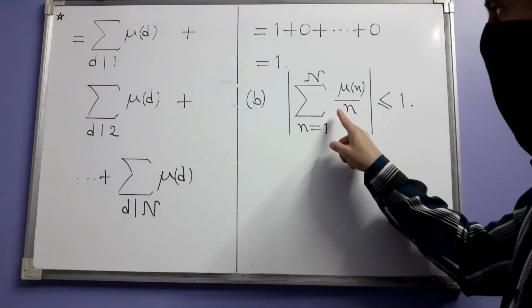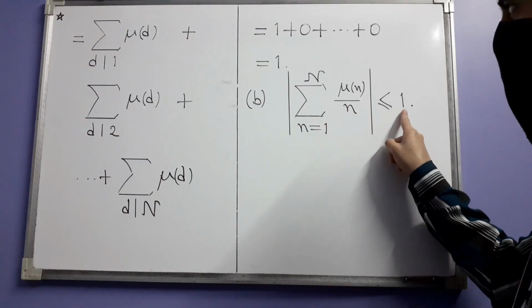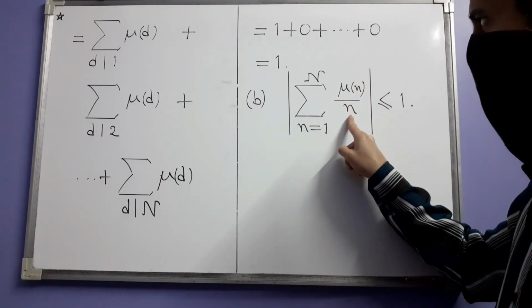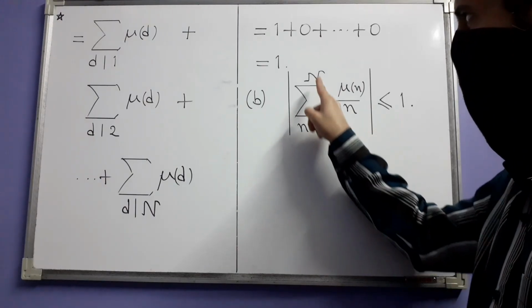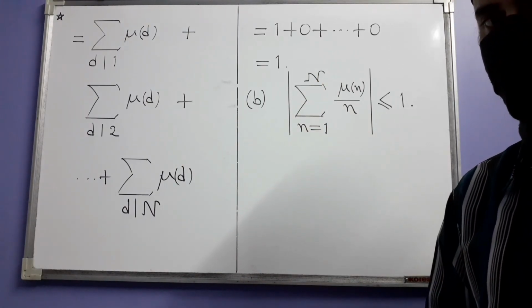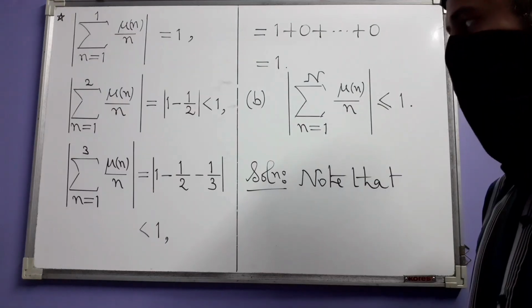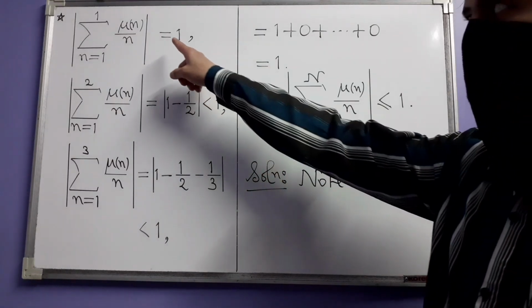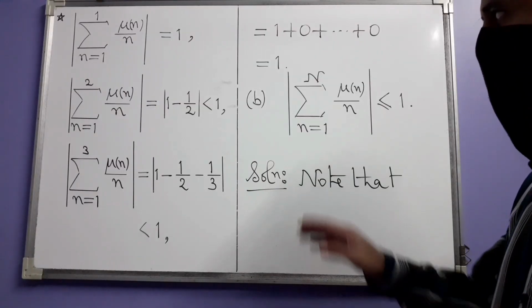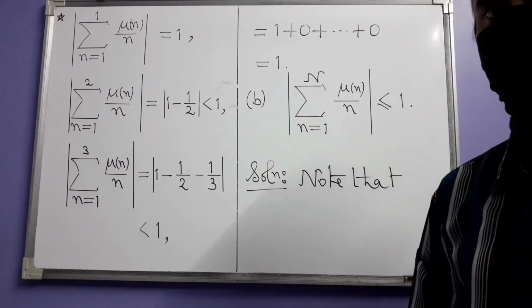And next we have part B, which has this inequality. The absolute value of this sum is less than or equal to 1: summation mu of small n divided by small n, as small n goes from 1 to capital N. Capital N is some positive integer. We begin the solution by looking at some first few values of capital N and see if the inequality is true in those cases.